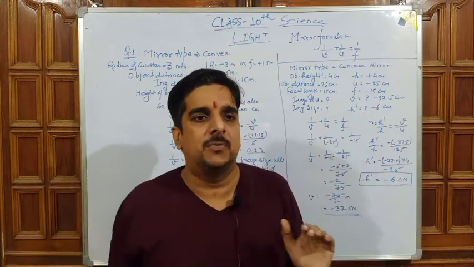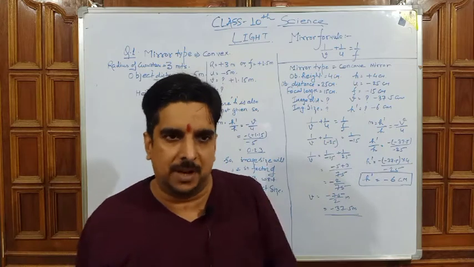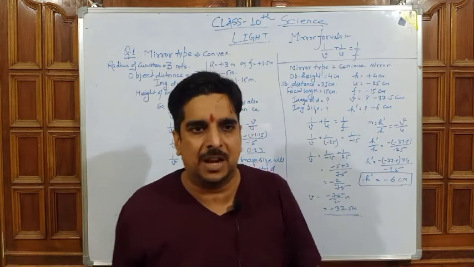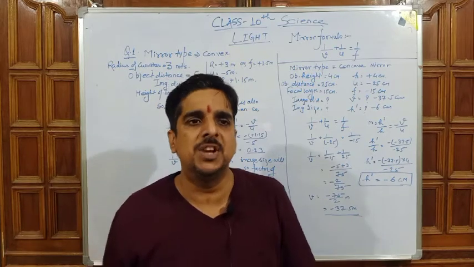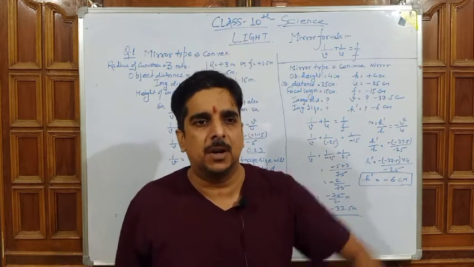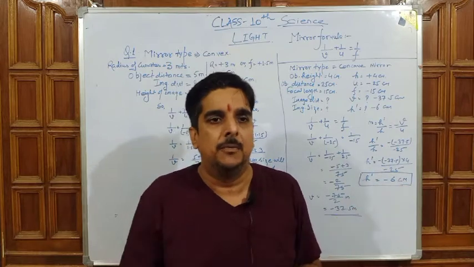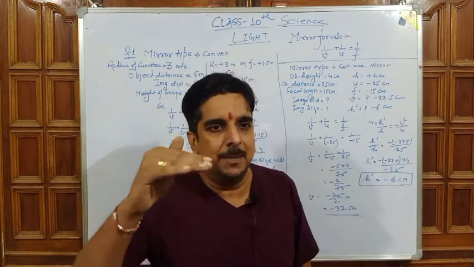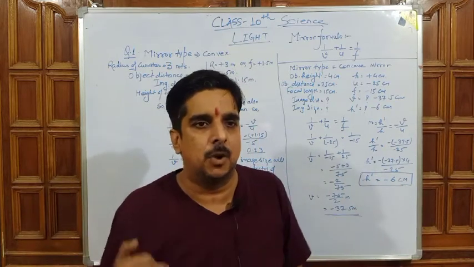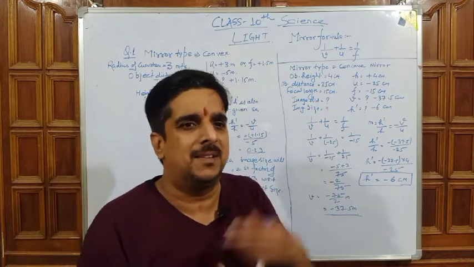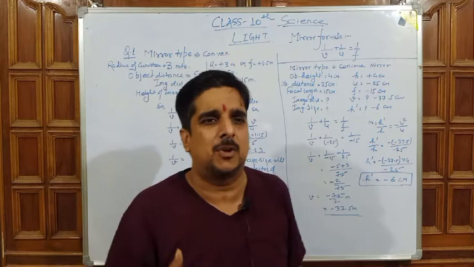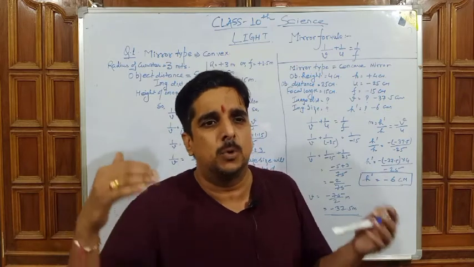First one, reflection; second one, refraction. In that, I gave you the definition of reflection. Afterward, in the reflection section, we studied plane mirror, concave mirror and convex mirror, in which we studied the object distance, image distance, focal length, radius of curvature, R is equal to 2f, etc.